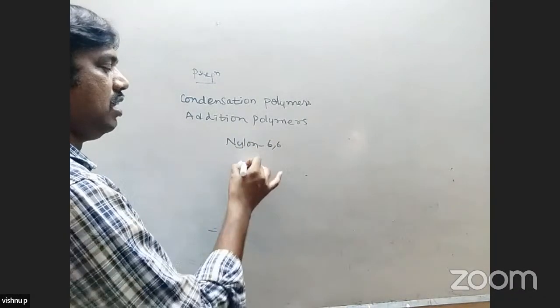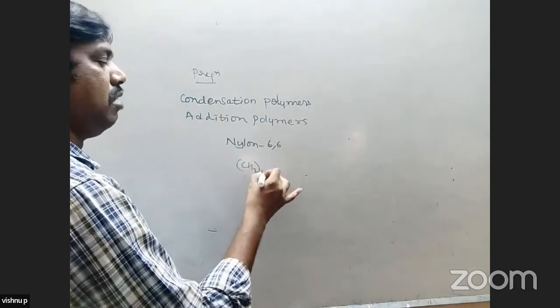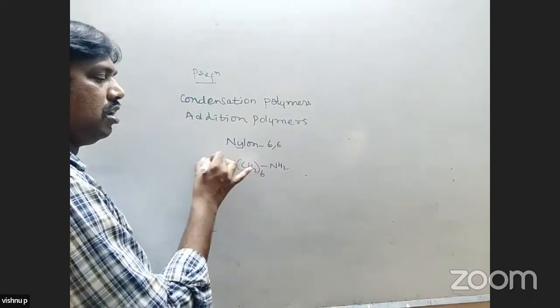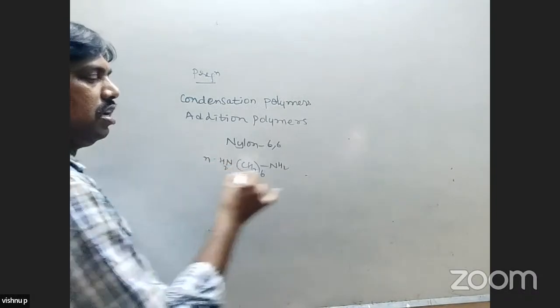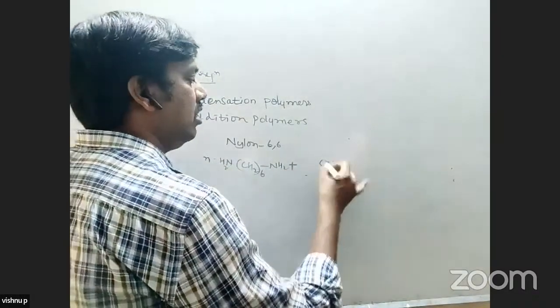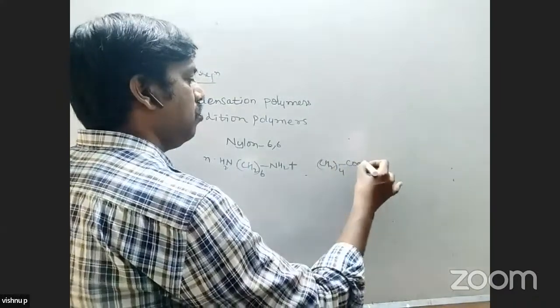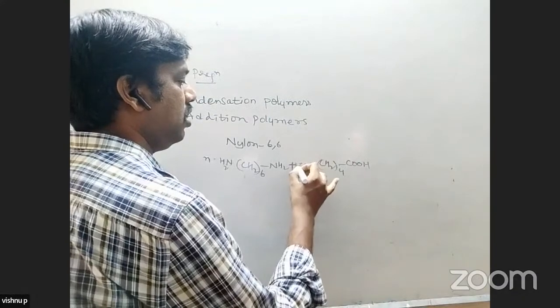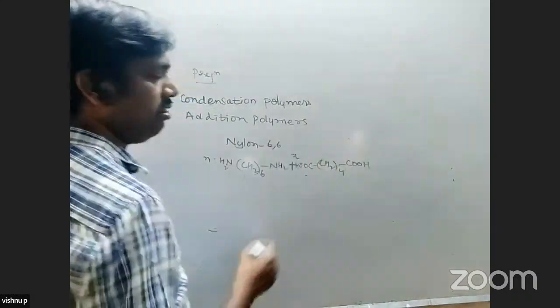Hexamethylene diamine, N number involved in polymerization with adipic acid, CH2 4 COOH. Here also COOH, N number of molecules.